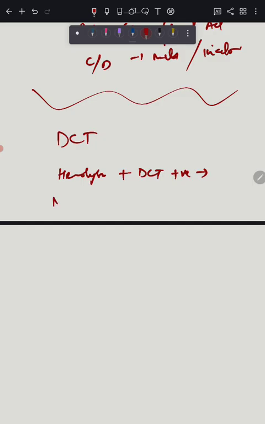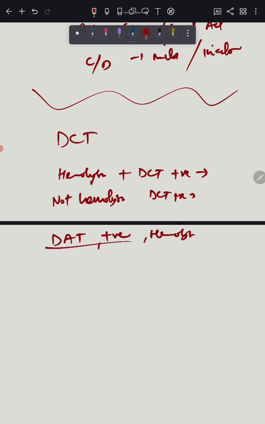But if there is no hemolysis but DCT is still positive, it will be counted as an immunological feature. The clinical relevance is that some SLE patients show direct DAT positivity years before hemolysis develops. So hemolysis will be absent but DAT will be positive, and this will be counted in the immunological criterion.